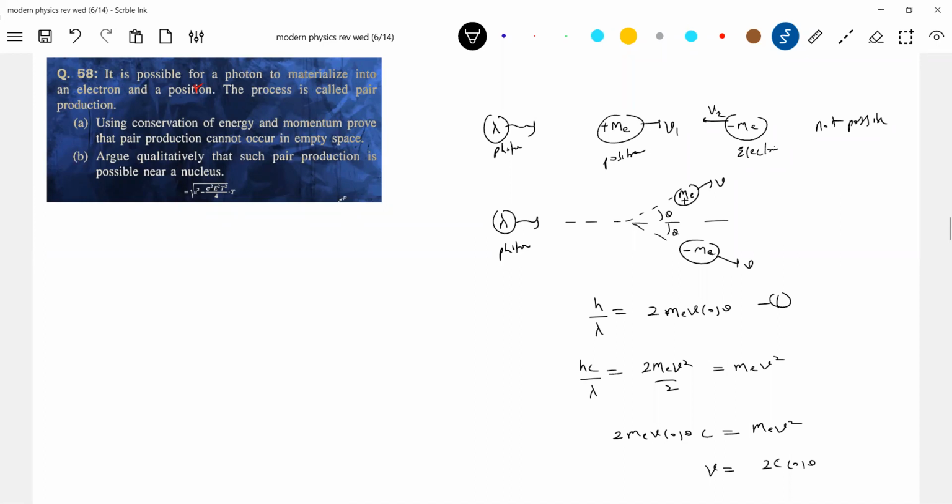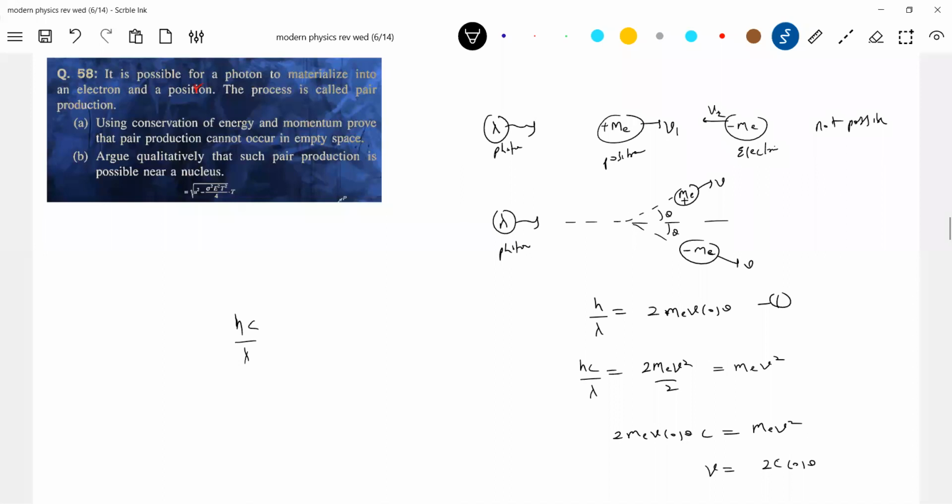So here, what is the energy of that? One more thing, you check it. So hc by lambda, this is the energy, no. Okay, you check it now. I think still, this is the energy of the photon.